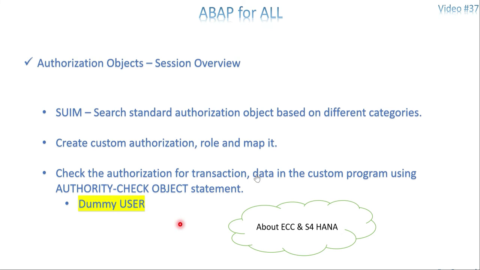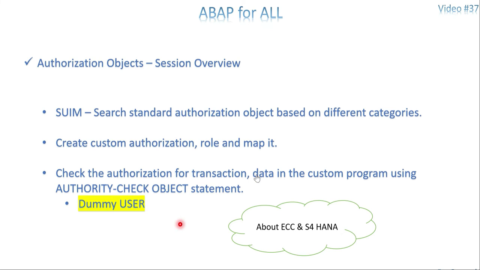You found some authorization object or some standard role, and you try to see the same thing in S4HANA. It might not be available, or it might be available. It depends. And the options of the SUIM transaction between ECC and HANA are also a little different. Screen-wise, I felt it's a little more advanced in S4HANA.